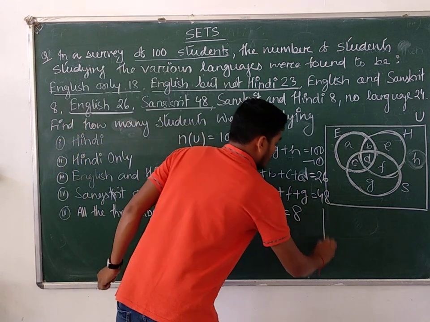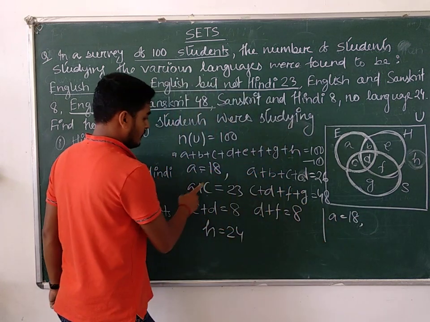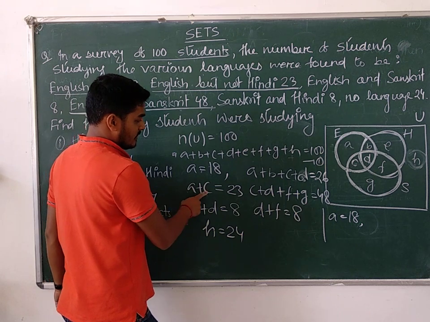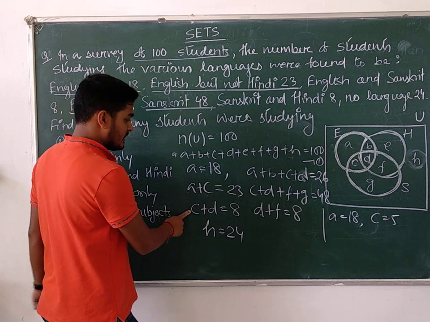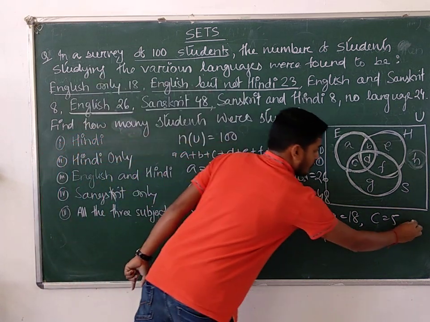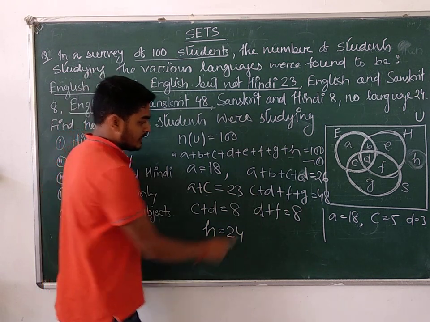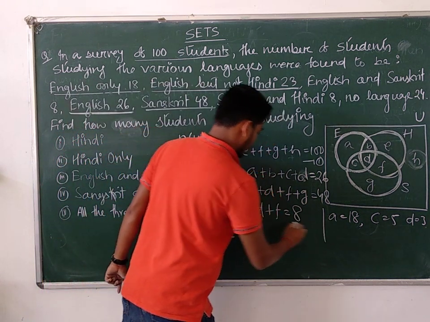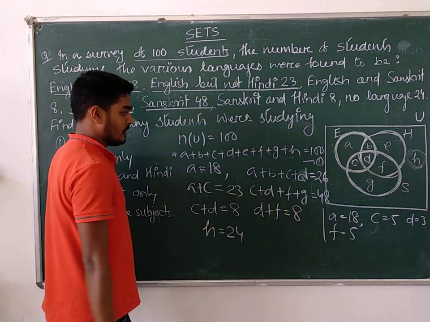That means A is equal to 18. Putting the value of A here, C is equal to 5. So if C is equal to 5, then D is equal to 3. And D is equal to 3 means F is equal to 5.